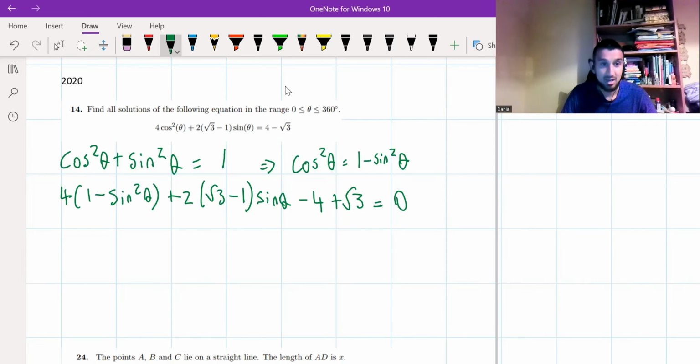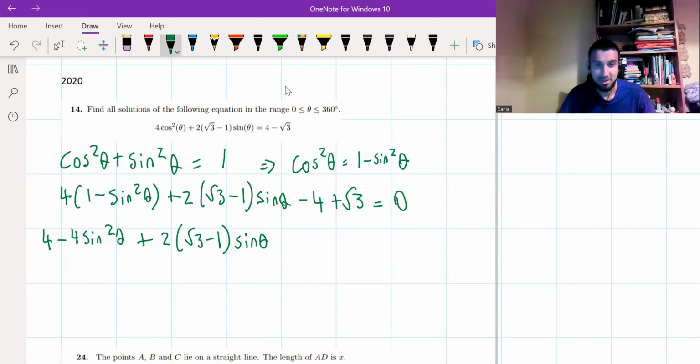Then we can expand this out, so we'll get 4 minus 4 sine squared theta. We'll leave the sine theta term with the brackets like this, because we might not have to expand it. Minus 4 plus 4 root 3 equals 0.